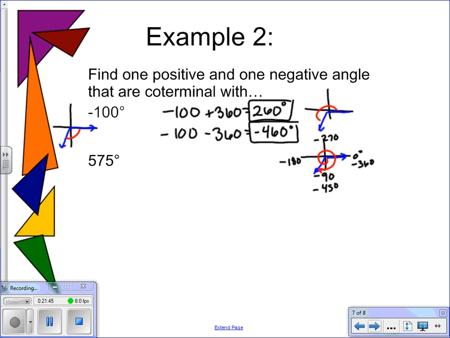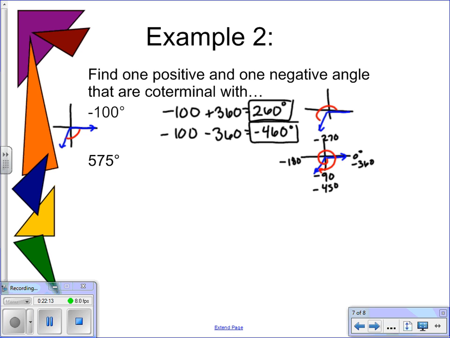Let's say I give you 575 degrees and I ask for one positive and one negative coterminal angle. What might be troubling to you about the number 575 at first? Faith? Yeah, if you take away 360 one time, what kind of answer will you be left with? 215, which is positive.